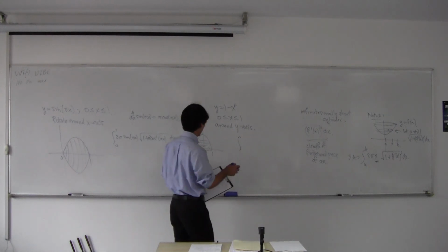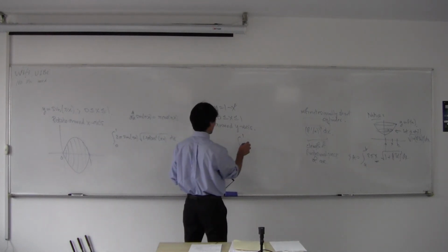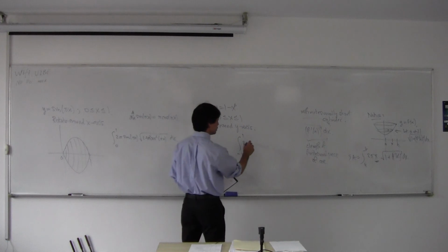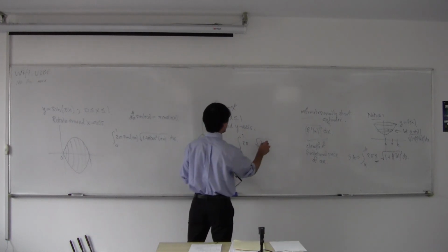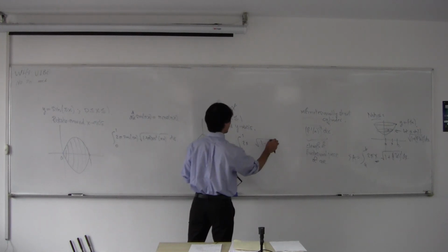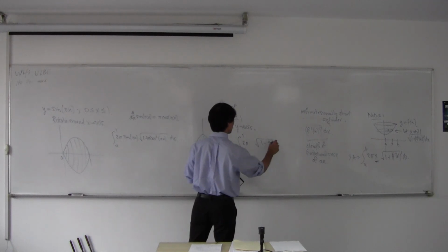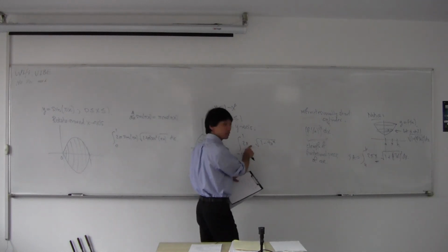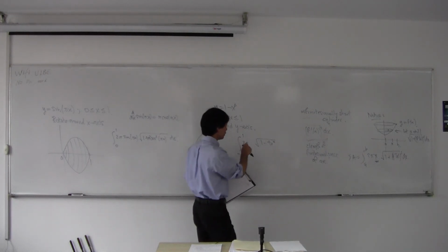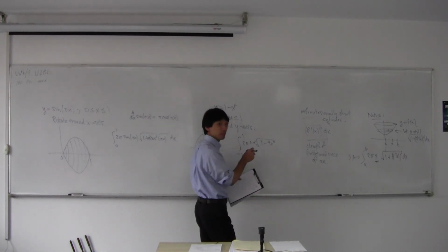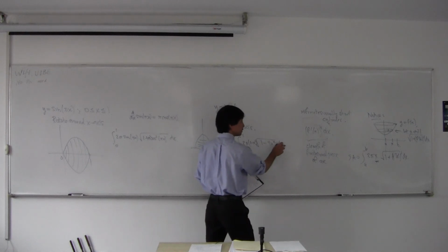Minus 1 to 1. 2 pi multiplied by 1 minus x squared, and dx.